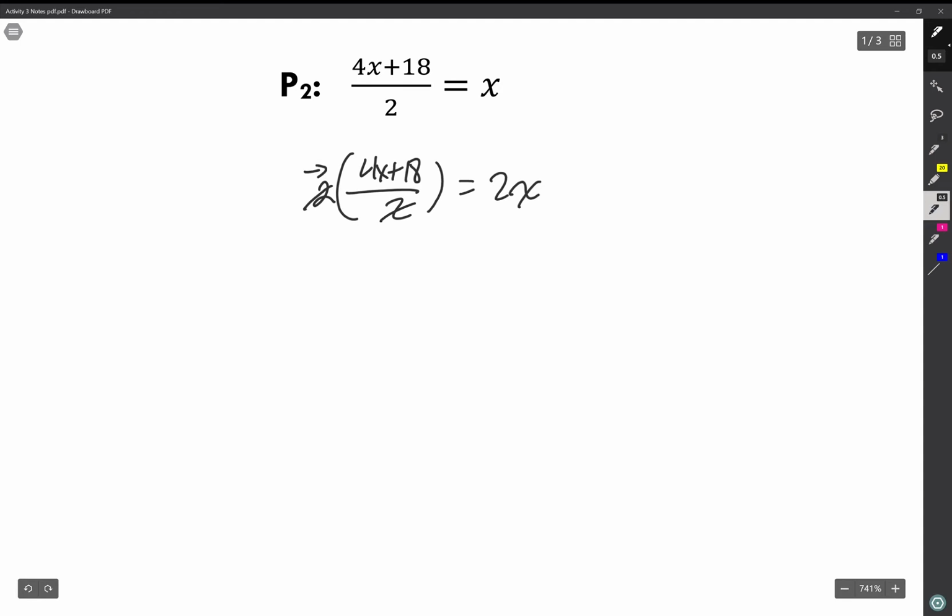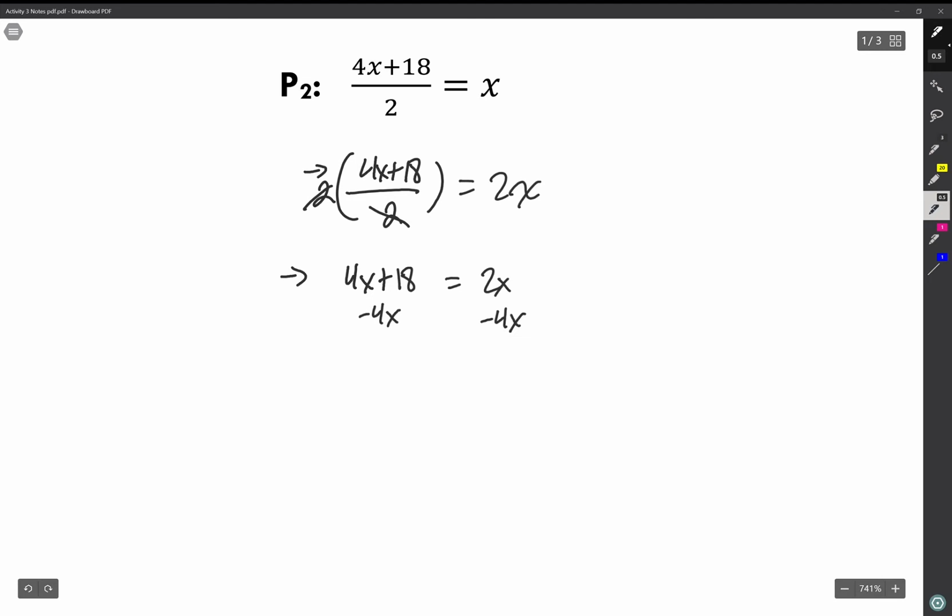Okay, so my next step, I've got 4x plus 18, sorry, is equal to 2x. Okay, how about we subtract 4x from both sides.